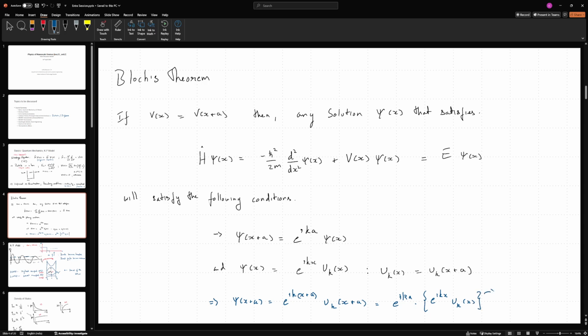This is what I already know to be psi of x. So these two conditions are equivalent. I shouldn't even write and here.